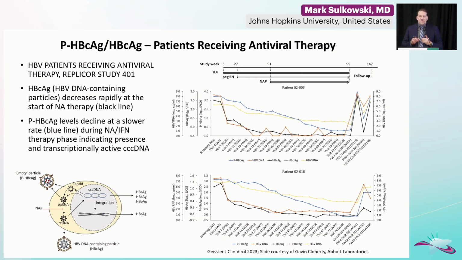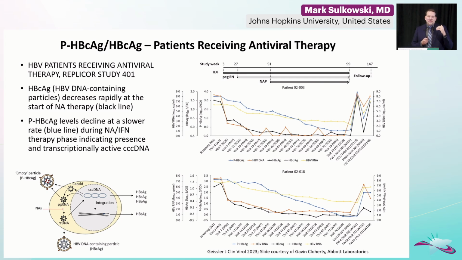Now, what they did in this paper published in the Journal of Clinical Virology in 2023 was take Replicore data. These are patients who achieved a response after treatment with triple therapy: a nuke, interferon, as well as nucleic acid polymer. And what they demonstrate is an initial decline of the correlated antigen, reflecting DNA-containing particles, a rapid decrease with starting of nukes, as one might expect.